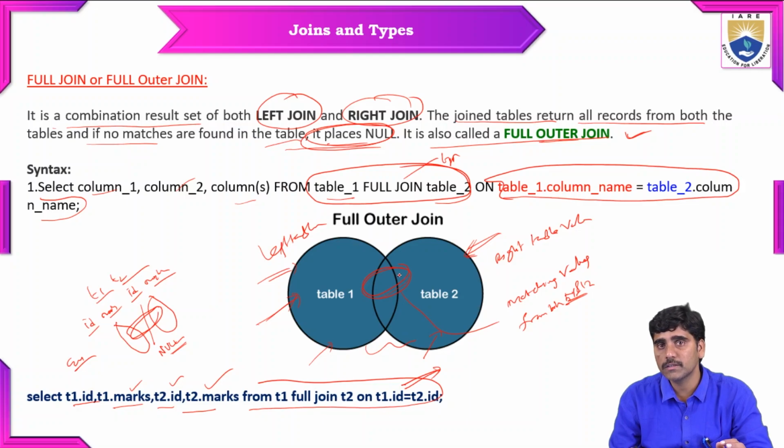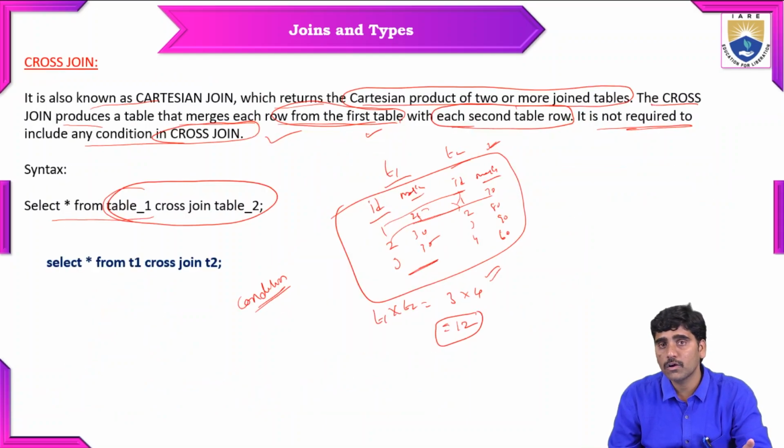If any common matching values are not there, it returns null values. Cross join is the Cartesian product of join. Here table 1 and table 2 are multiplied together and it displays that many values.